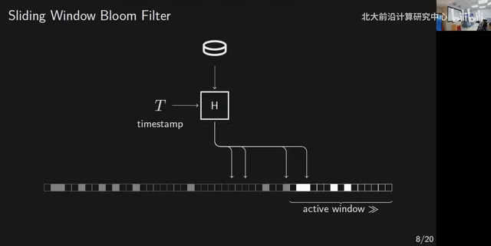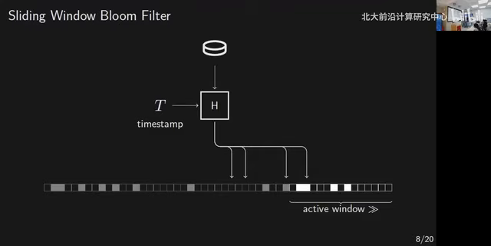Okay, so we slide the Bloom filter. We implicitly define an array of bits of infinite length, but for every item that we insert into the Bloom filter, we only look at an active window, which is a part of the Bloom filter, and periodically this active window slides.